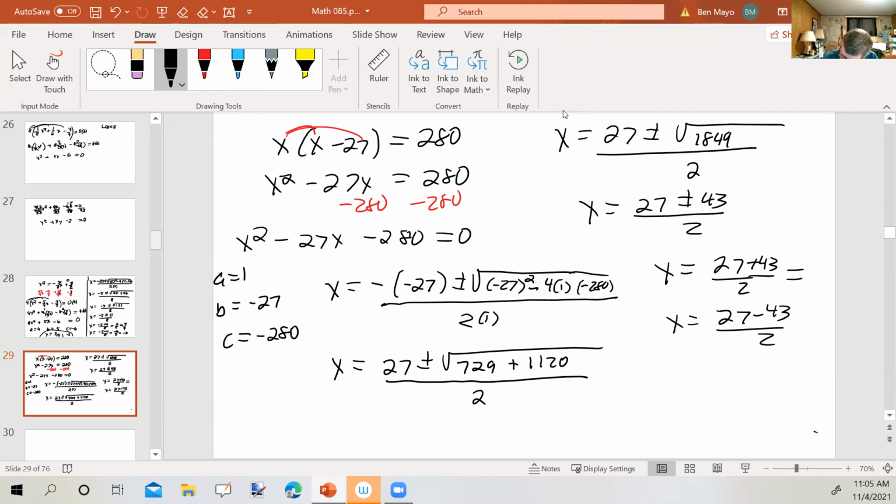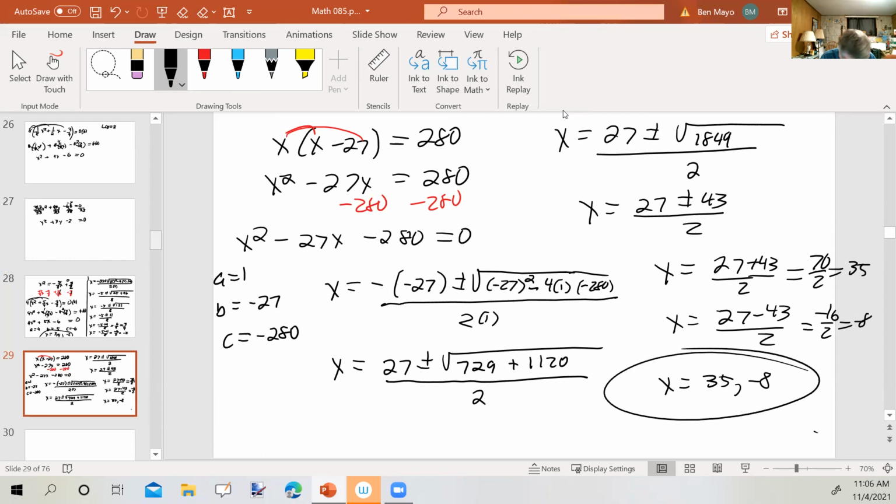Well, 27 plus 43 is 70 over 2, which is 35. 27 minus 43 is negative 16 over 2, which is negative 8. So x equals 35, comma, negative 8. So here again, no need to do a decimal approximation because they come out exact.